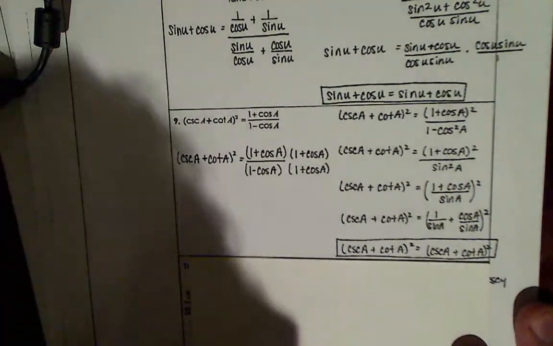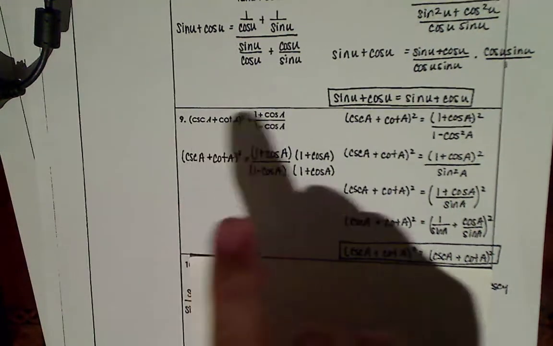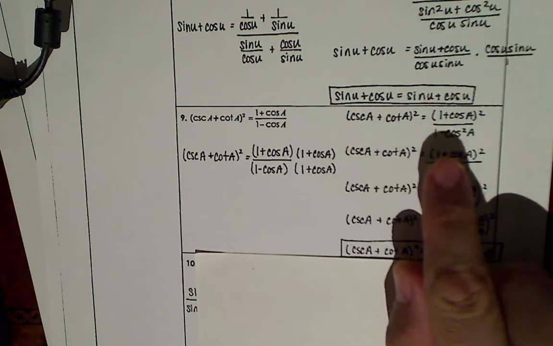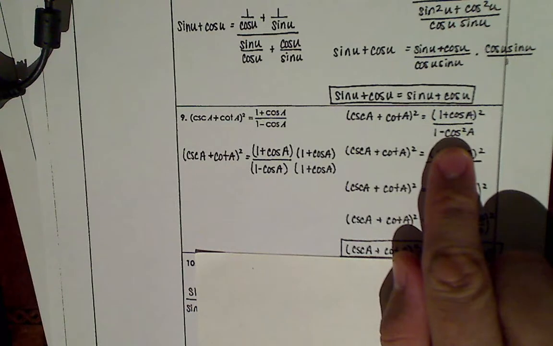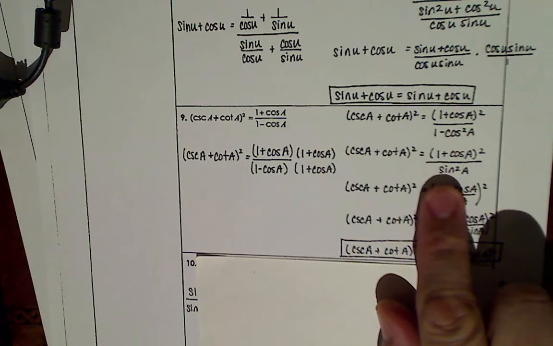This one was a little tricky because I was trying to think if there's a way to actually do it based on the left-hand side. But one thing I know is I can always do conjugates on these. And that's going to help me work out the bottom part. But the idea is to make this become 1 minus cosine squared. So then that becomes sine squared here in the bottom.